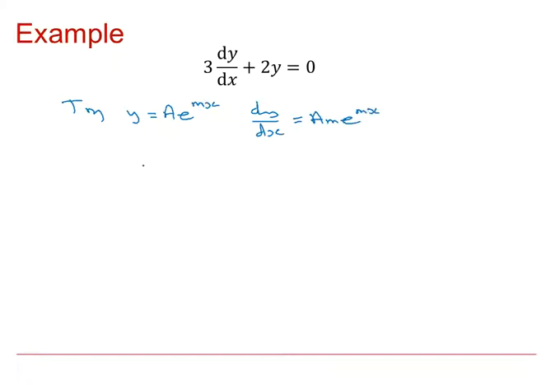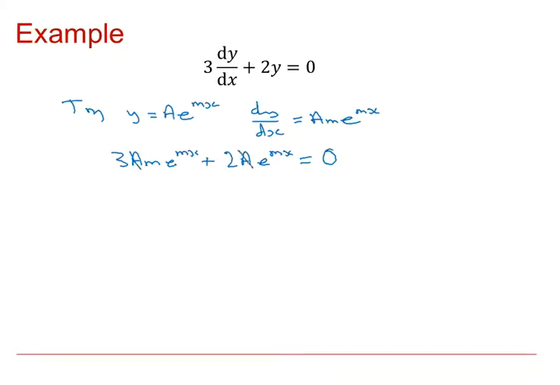If we substitute these two into the differential equation, we get 3 times the first derivative plus twice y has to add up to 0.